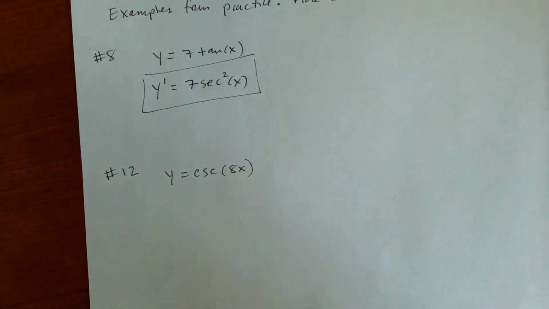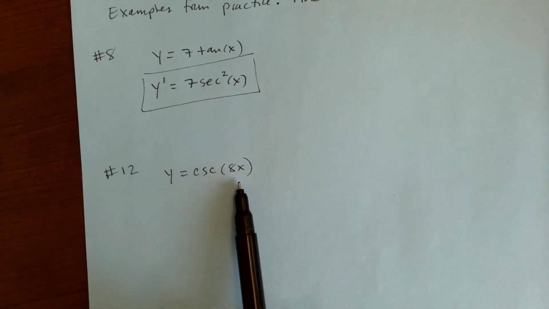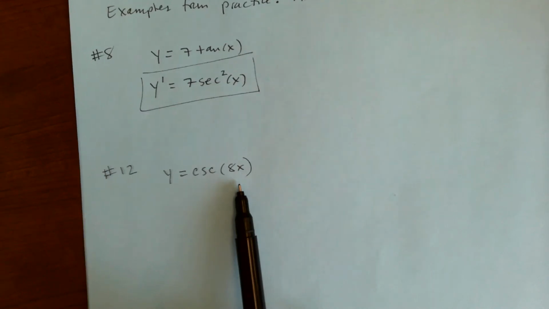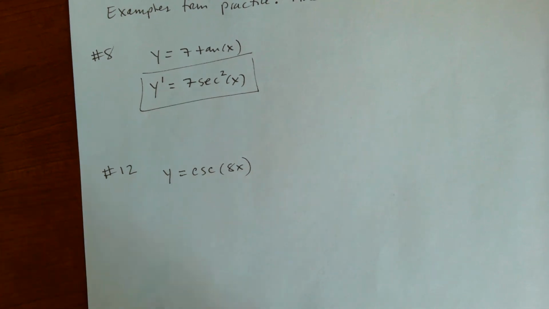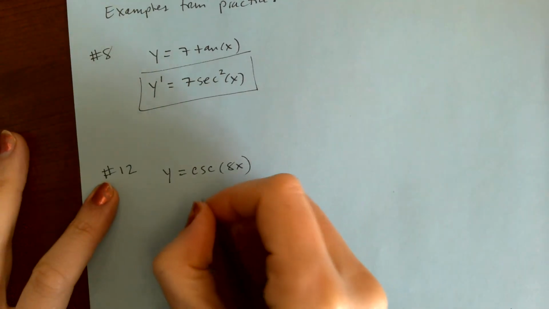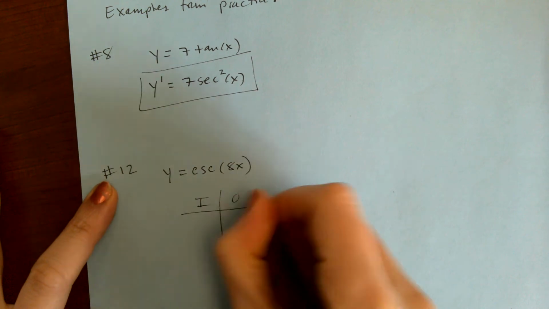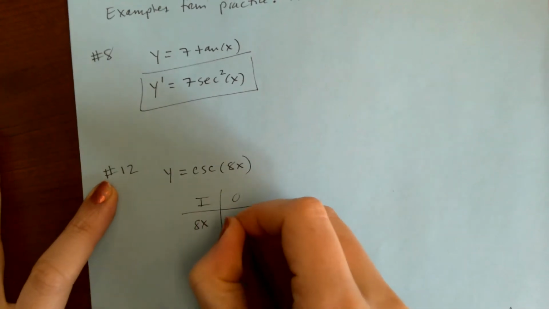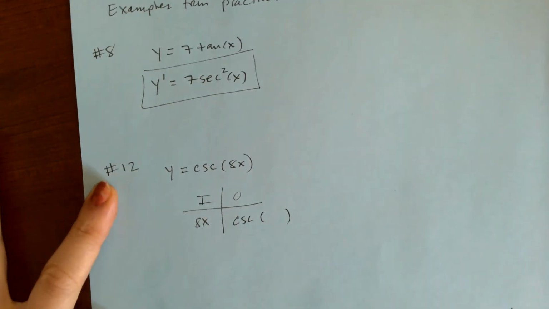Now this next one. y equals cosecant of 8x. Guys, if you have more than just a plain old x inside of a trig function, that means that you need to use chain rule. So in, out. 8x, cosecant of blank.